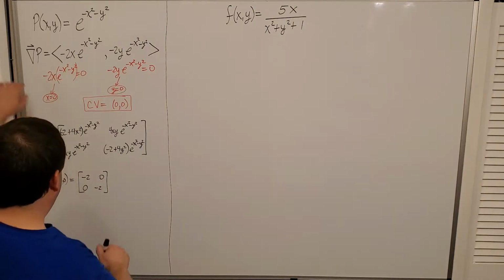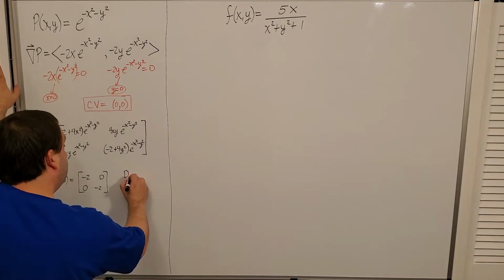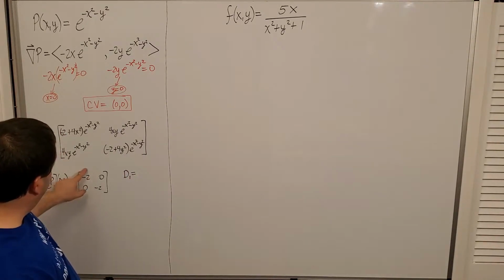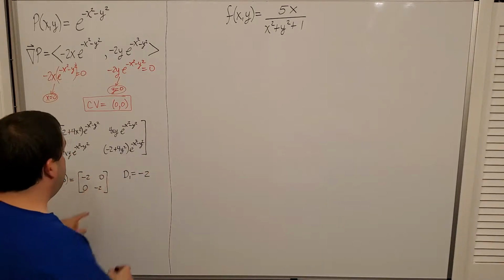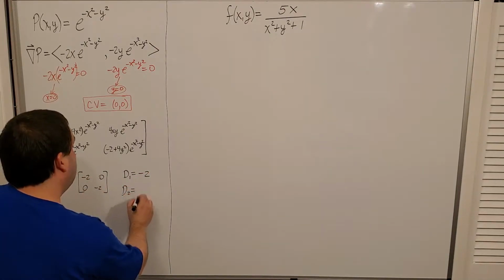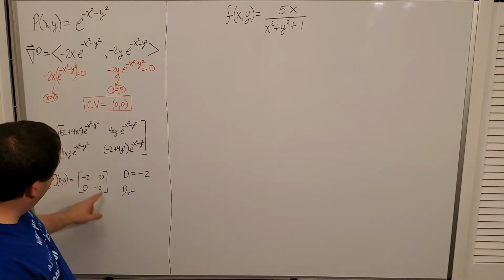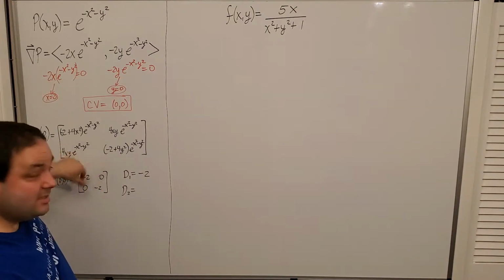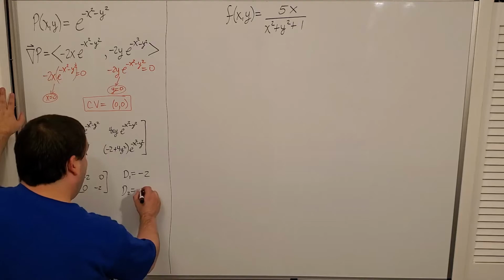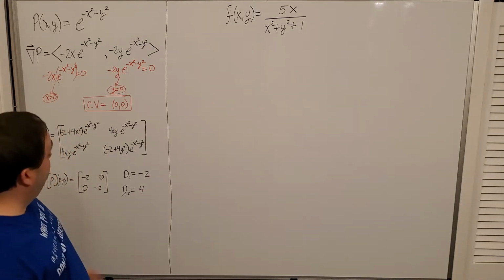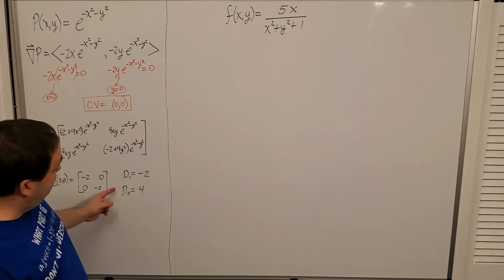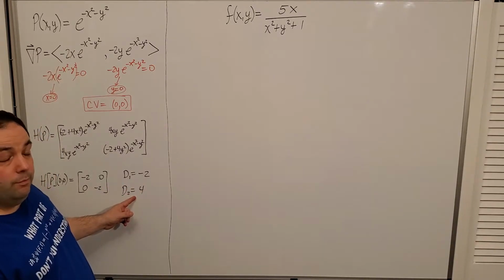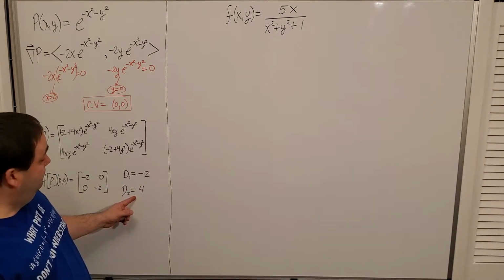Okay, so notice my D1 being just the top corner here, the fxx is negative, and then D2 is going to be the determinant, 4 minus 0, so 4. And remember, when D1 was negative, D2 was positive. D2 being positive means you have maybe an extreme value.